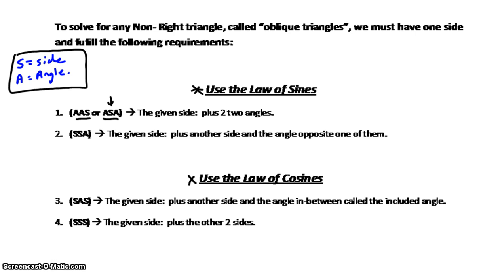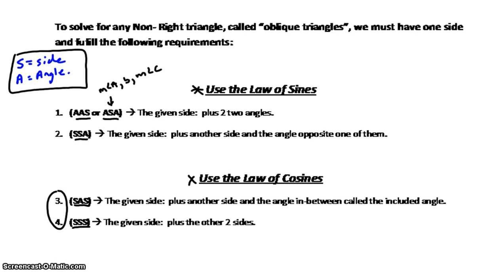The case would be given the measure of angle A, given the side B, and then the measure of angle C, and that would be sandwiched between those two. Otherwise, where we have a side-side angle situation, we have a side angle side and side side side will be the 2 cases where we use law of cosines.